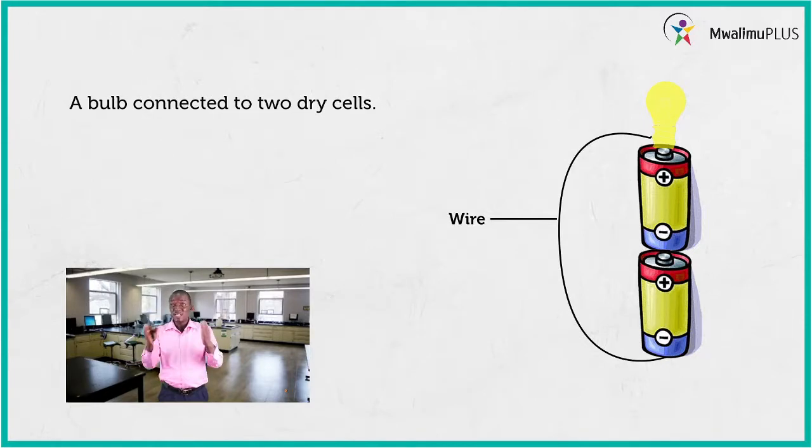Good. This bulb will produce a brighter light. That one is brighter than the one that we have just talked about, because it has two dry cells which are connected in series. I want you to look at the next one.